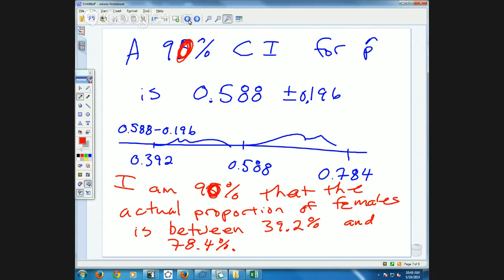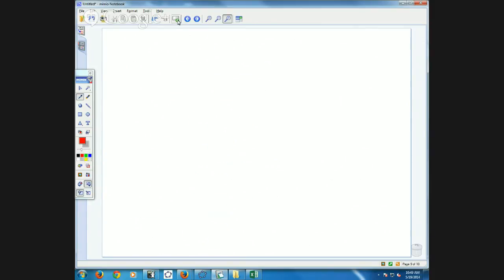Question, John? So the formula is all that you do? Yeah, so let me write this down, and then we'll actually apply it to another example. All right, so confidence intervals for population proportions.